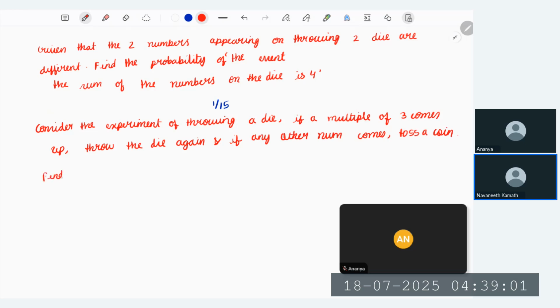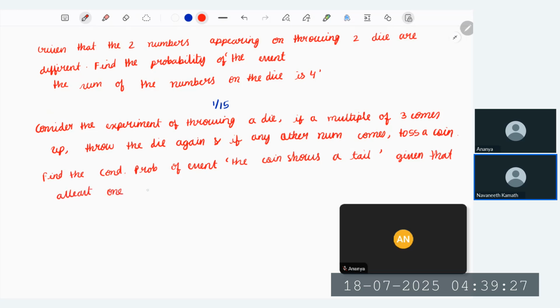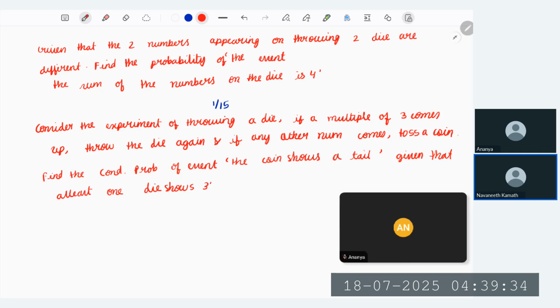Find the conditional probability of the event that the coin shows a tail, given that at least one die shows three. It is just complicated. Just try to solve this.